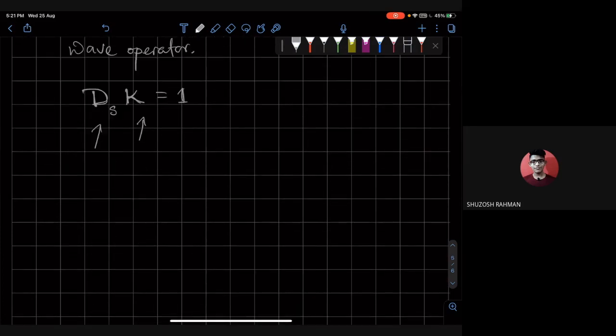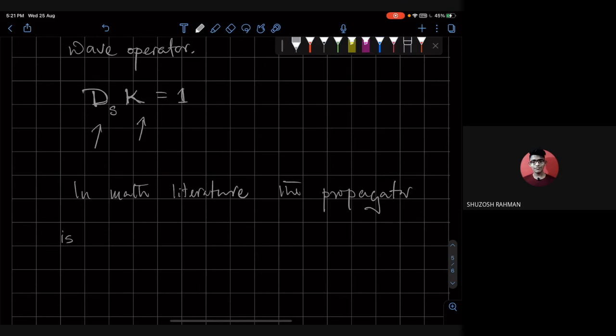And in mathematics literature, the propagator is called a Green's function. Okay, because some guy called Green had invented it in the 19th century.